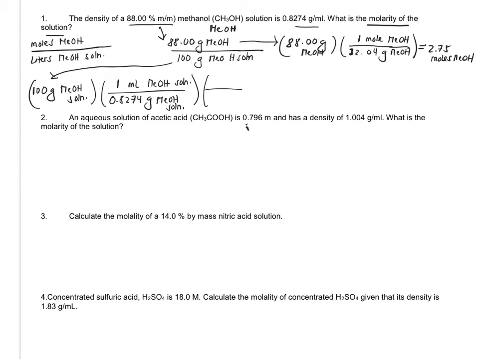And I know that in 1,000 milliliters, there's 1 liter of solution. So this ends up being 0.1209 liters of methanol solution.